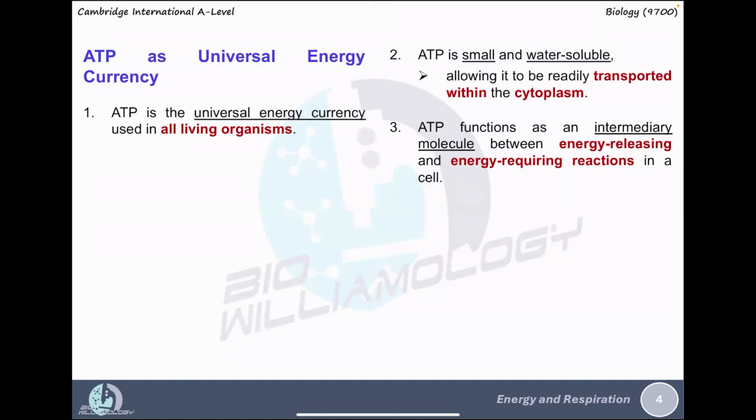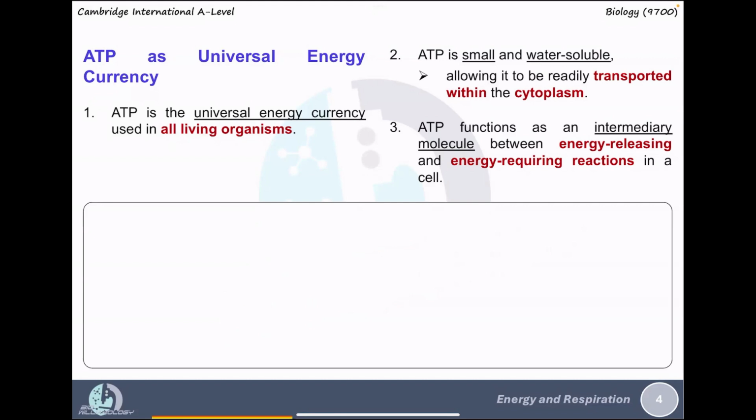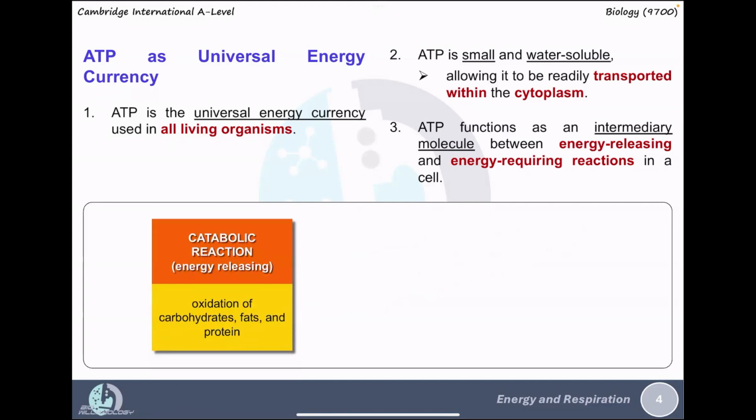The most important thing here is that the structure of ATP allows it to serve as an intermediary molecule between two reactions, energy releasing and energy requiring reactions. First, we have catabolic reactions where energy is released, for example, oxidation of carbohydrate, fat, and protein.